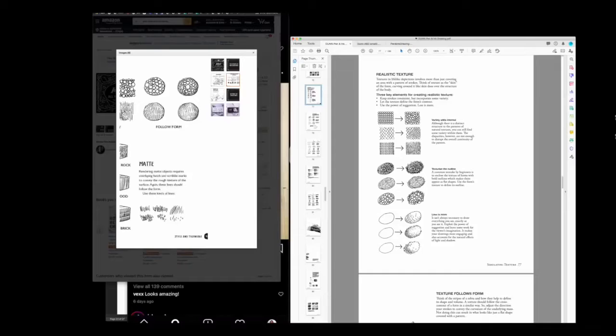Is it unique? I'm pretty sure we could probably find a book somewhere that has a circular texture. Is this a strong argument? I would say not really. Well, let me rephrase that. I would say it's not strong.